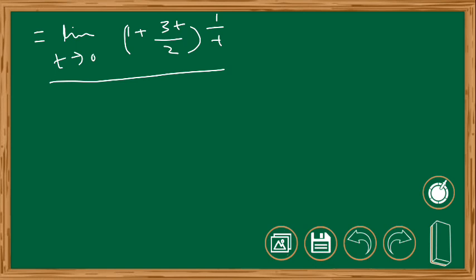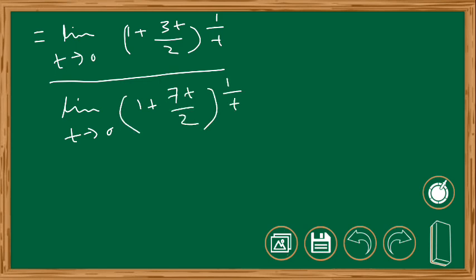So this is limit t tends to 0 of (1 + 3t/2) raised to the power 1 by t, whole divided by limit t tends to 0 of (1 + 7t/2) raised to the power 1 by t, right?